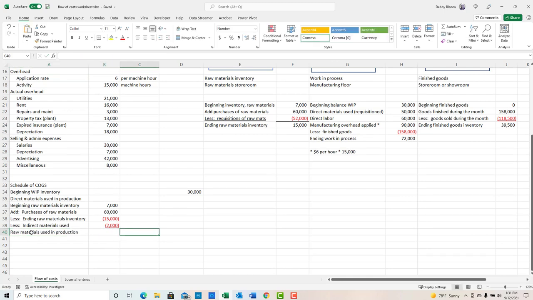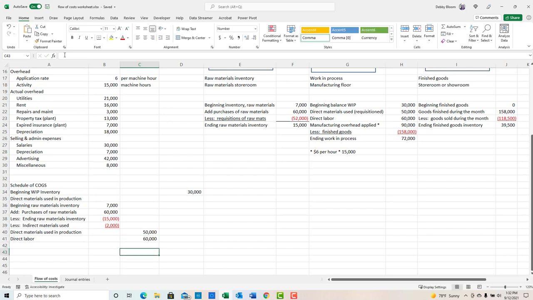So in column 2, we're going to have our 3 manufacturing costs. So all I'm going to do is sum up all the numbers on the left. Your book has a few subtotals, but I find them confusing. So notice we come down to the $50,000 of direct materials used in production. Then to that we're going to add our direct labor, which is given in the problem as $60,000.